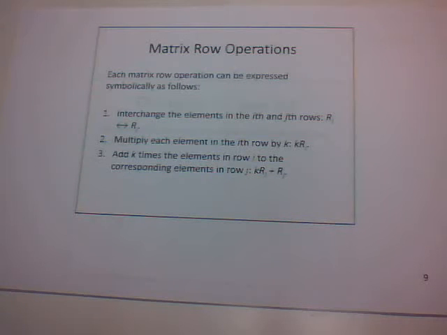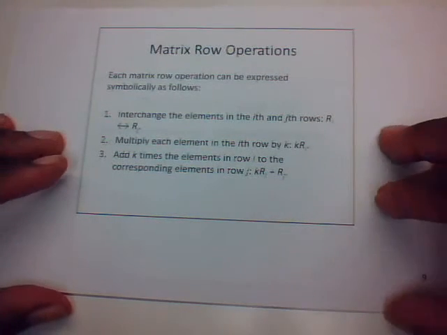And then number three, you can add some constant times the elements of row i to the corresponding elements in row j. So you can do k times row i plus row j. And k could be a constant, positive or negative.